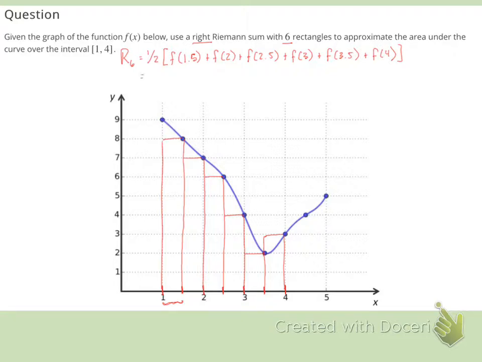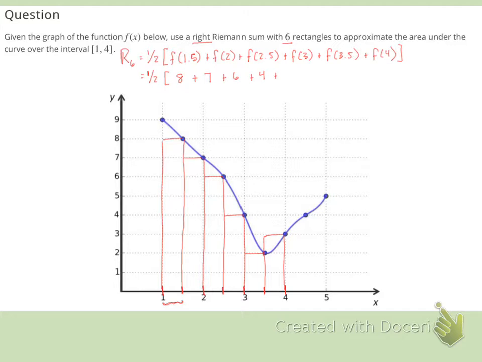So now putting these values in, we can see that at 1.5 the height is 8. At 2 the height is 7. At 2.5 the height is 6. At 3 the height is 4.